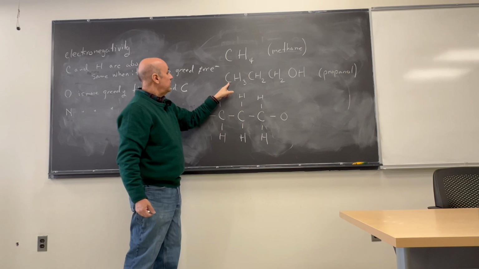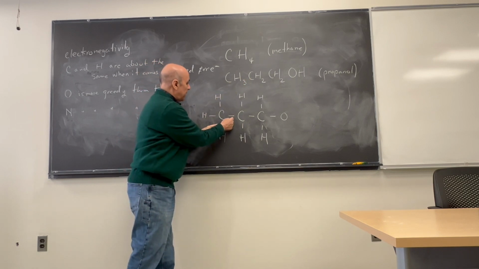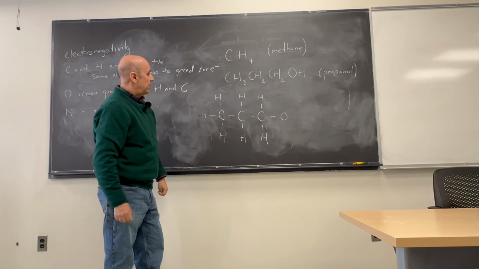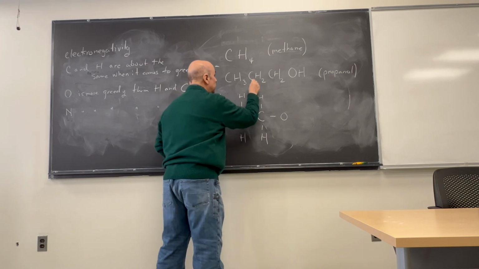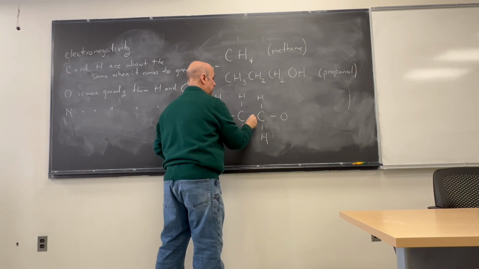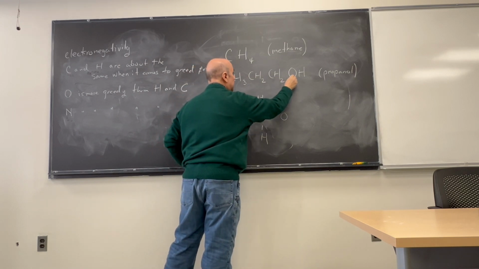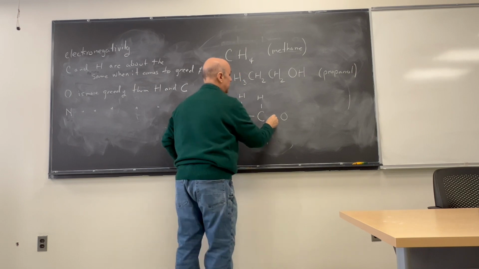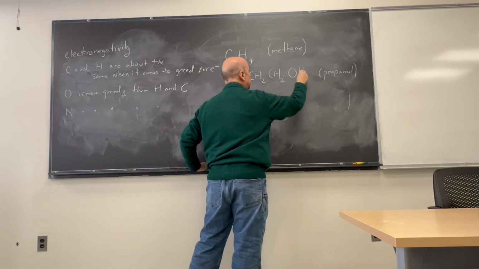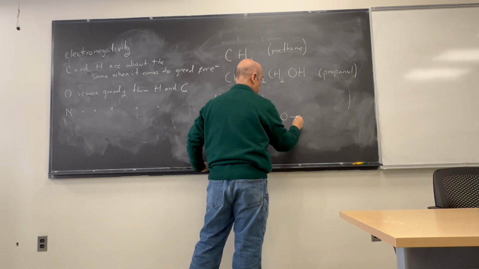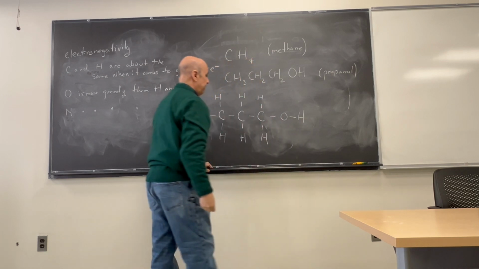So this carbon and that carbon are connected by that covalent bond, just as this carbon and this carbon are connected by that one, and this carbon and this oxygen are connected by that one. We have one more hydrogen to place in our cartoon. I'm going to put it right there.